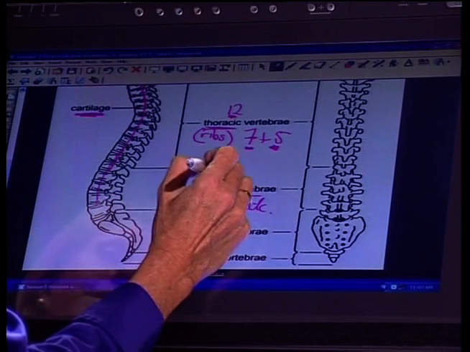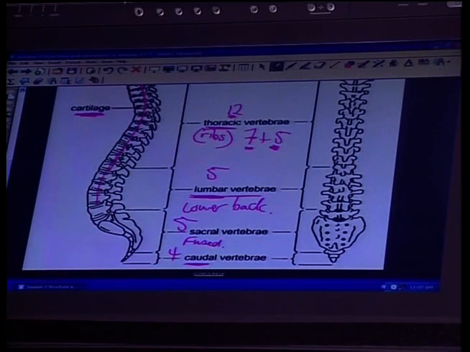So there are 5 lumbar vertebrae. And the minute you start putting numbers to it and using your common sense, you don't have to learn. It's there. It'll come naturally. So 7 cervical vertebrae is what you need to know, and 12 thoracic, and 5 sacral, so the lumbar, clearly there are 5, and 4 little caudal vertebrae.